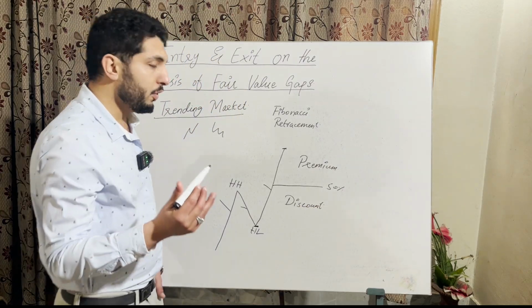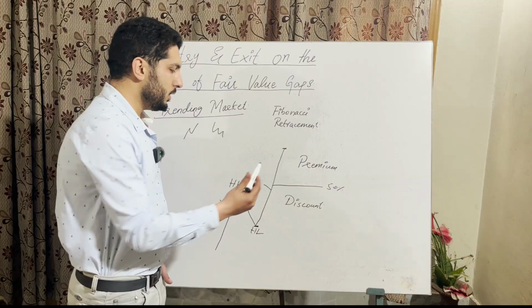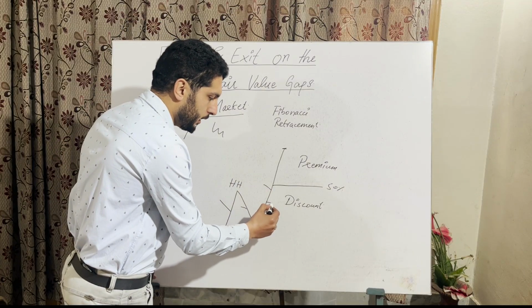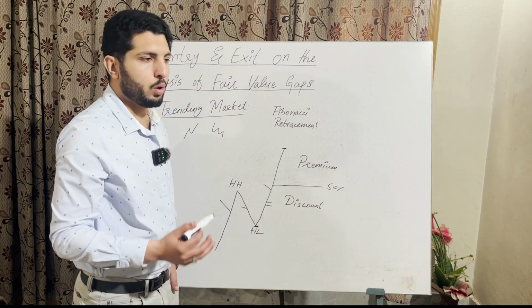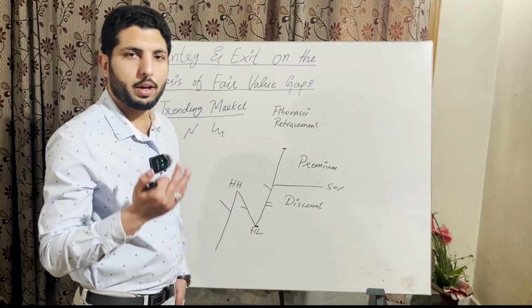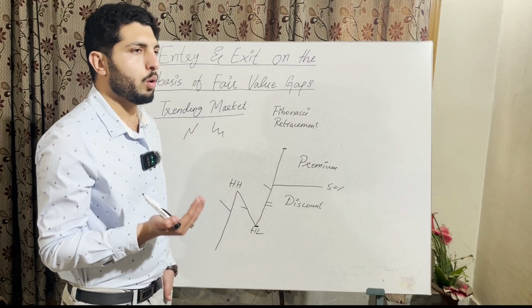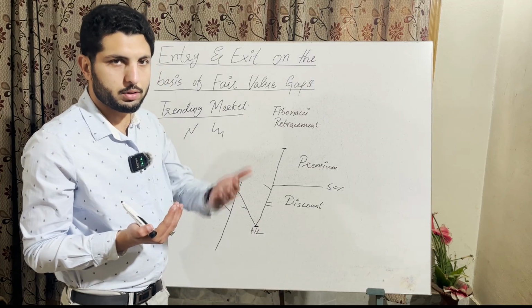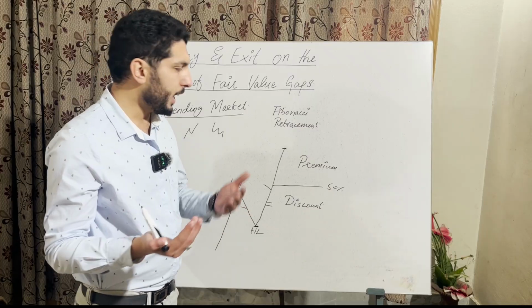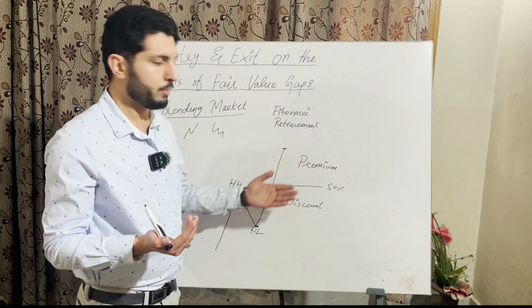So we would only take entries in the discount area in the case of an uptrend, and when the market is trading to the downside, we would only take entries in the premium area.